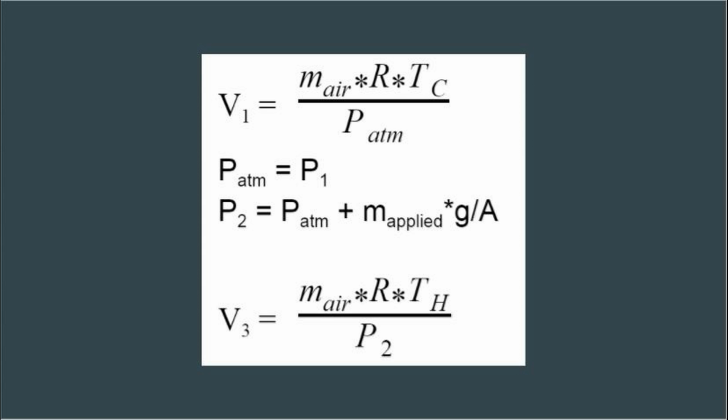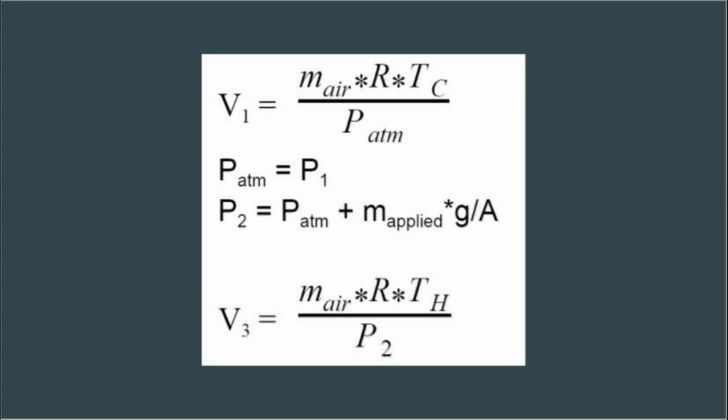The initial pressure is known to be atmospheric, and the increase in pressure is the pressure exerted by the applied mass. Therefore, the final volume may be calculated by the ideal gas law and looks like the following. V1 is equal to the mass of the air times R times the temperature of the cold water divided by the atmospheric pressure.